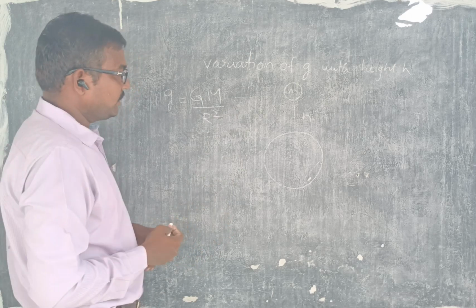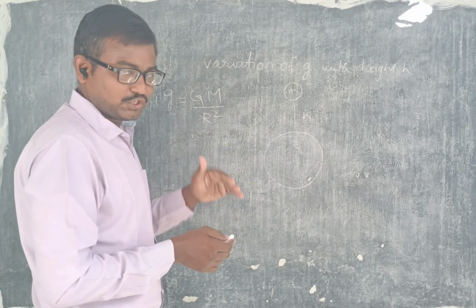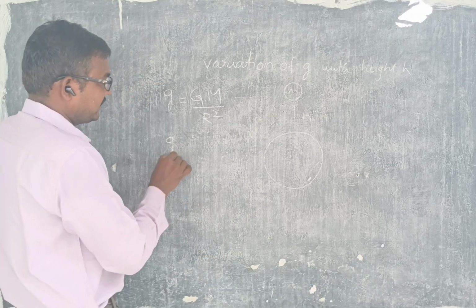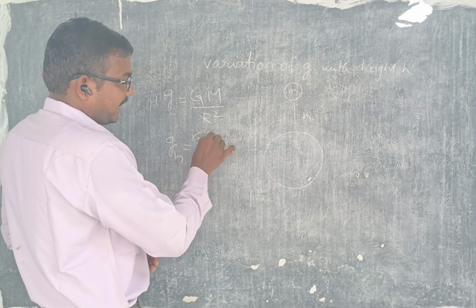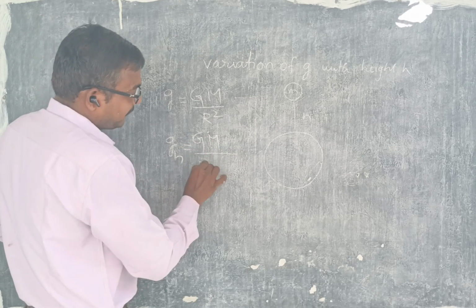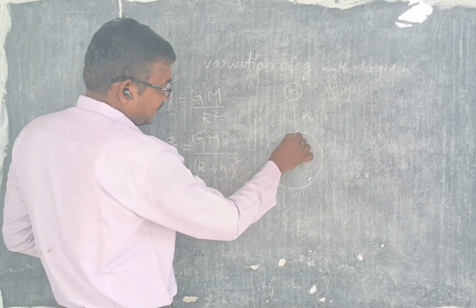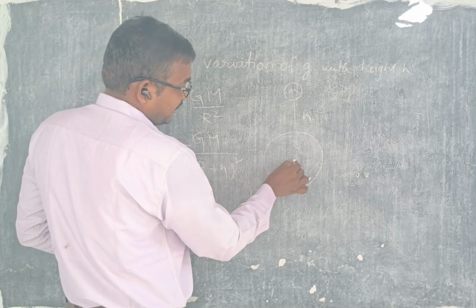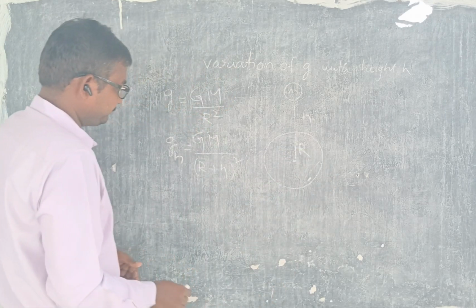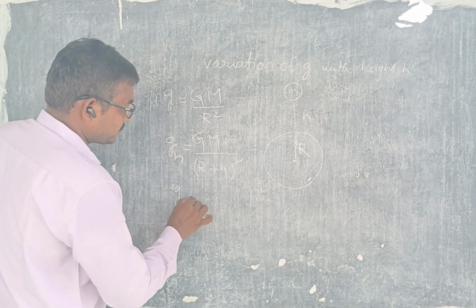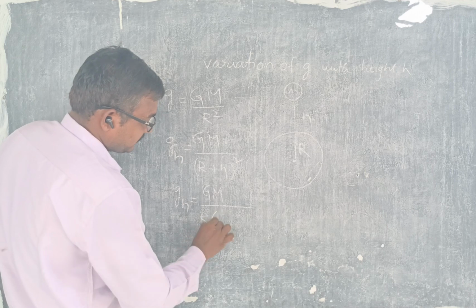Already we know that. Suppose a body is at a height h above the ground, in that case gh is equal to capital G, capital M by r plus h whole square, because this is the height and this is the radius of the earth. gh is equal to capital G, capital M by, we can write like this.